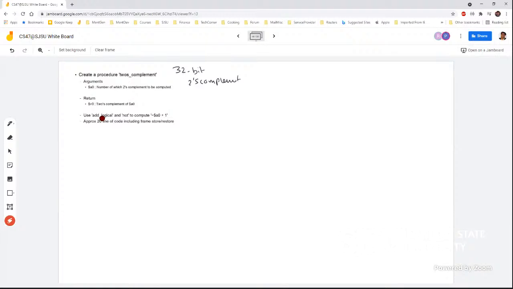Yes. Okay, now the next one is two's complement if negative. This one uses the procedure you just created. So let me screenshot and save it.